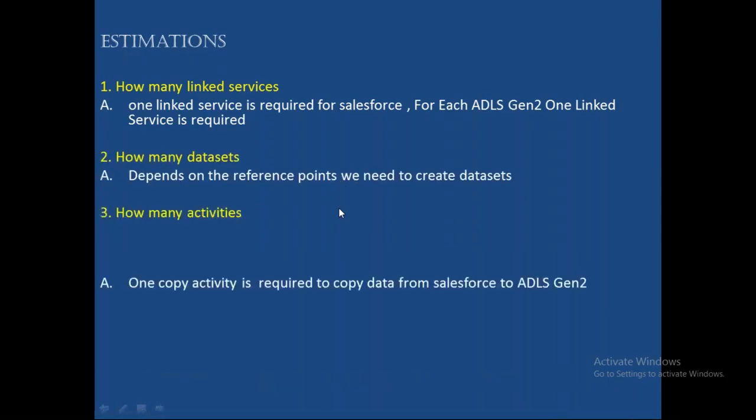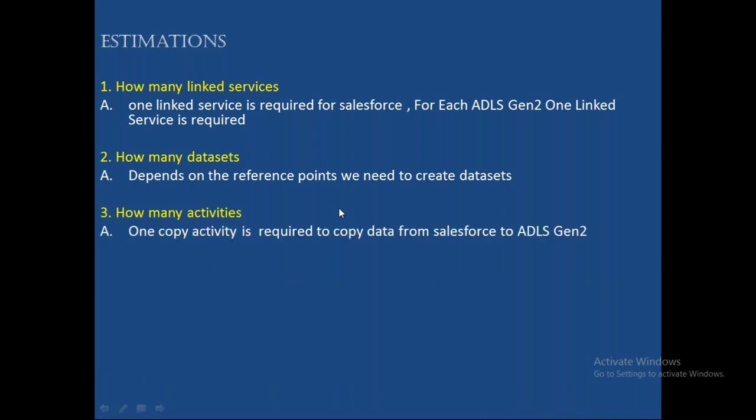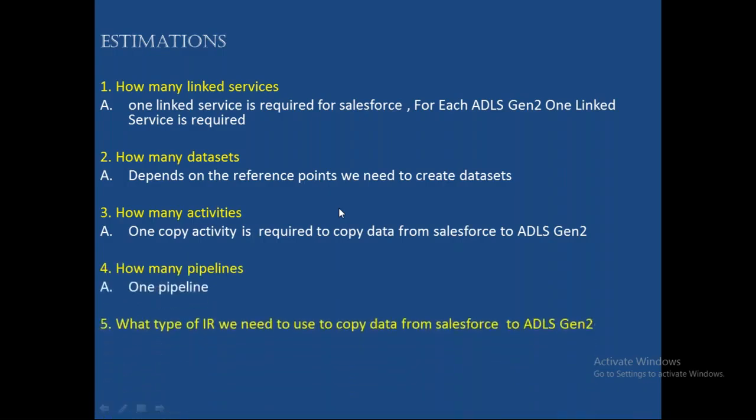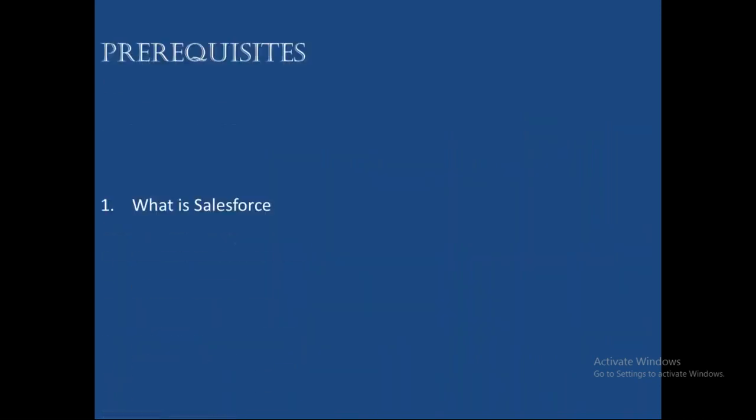How many activities? One copy activity is required to copy data from Salesforce to Azure Data Lake Storage Gen2, but when you have multiple tables, we need to use ForEach to iterate through the tables. How many pipelines? One pipeline I will create. What type of IR are we going to use to copy data from Salesforce to ADLS Gen2? Azure integration runtime.